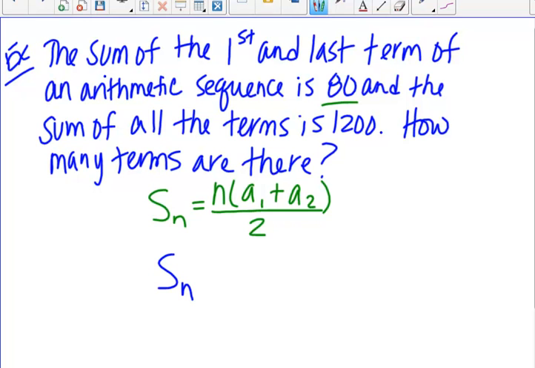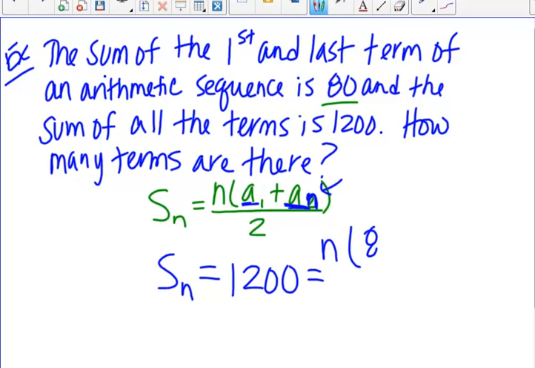Because the sum of all the terms then is 1200. And that is equal to, I don't know how many terms there are, n, times the sum of the first and last term, and this should be an a sub n, I apologize. So the sum of the first and last term, that was part of the problem, is 80. And then this needs to be divided by 2. So hopefully you're with me.